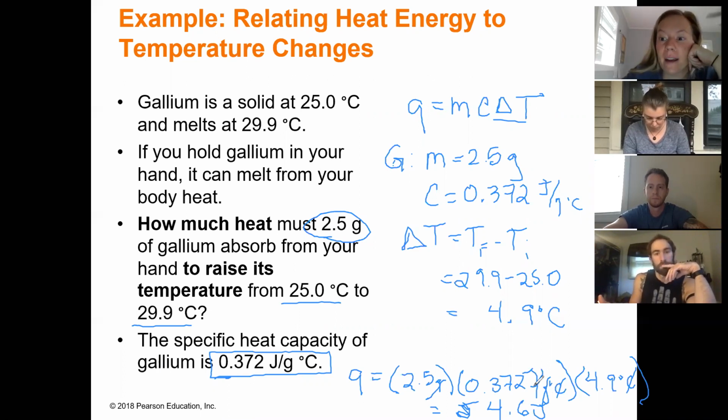Okay, not too bad, right? As long as you lay it out correctly. So let's do a couple more. Let me clear this out.